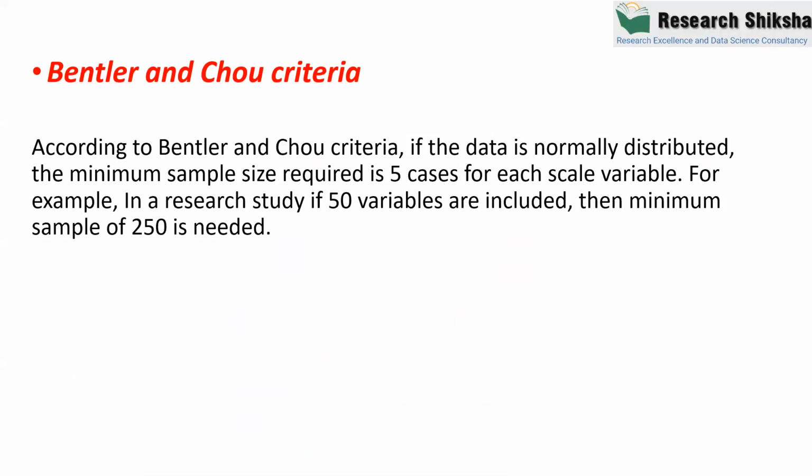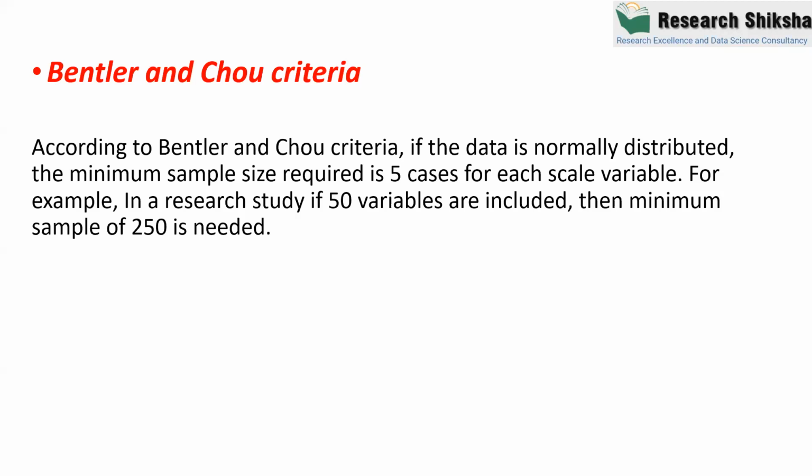If you collect data from senior management or very rare people, it is very difficult to collect data from 300, 400 people. In that case, we have sample sizes of 150, 90, 120. If you have this kind of problem, then you can use this Bentler and Chou criteria.